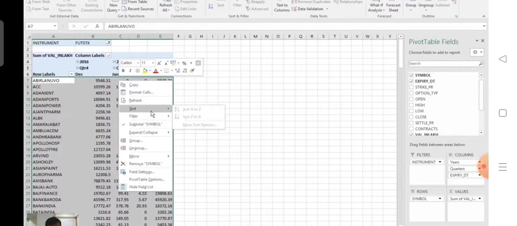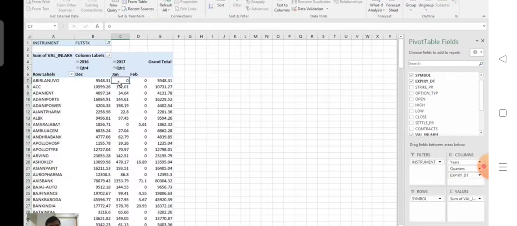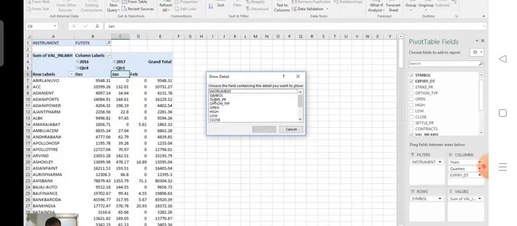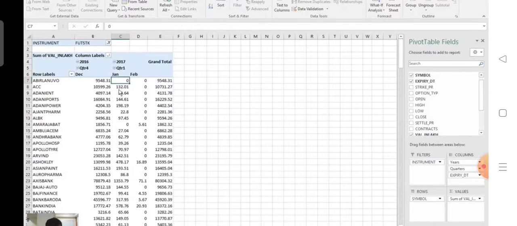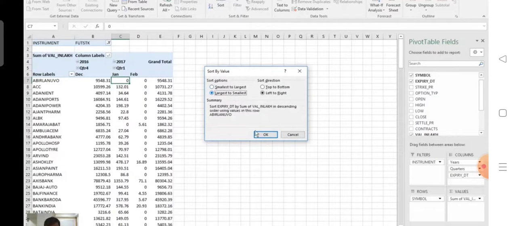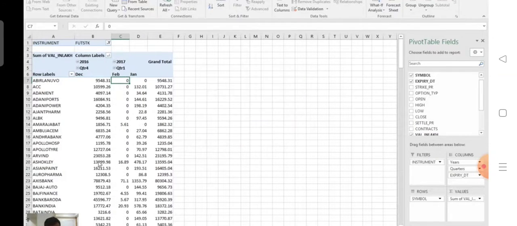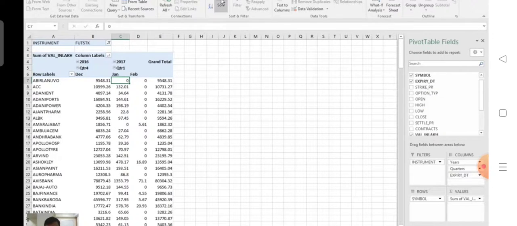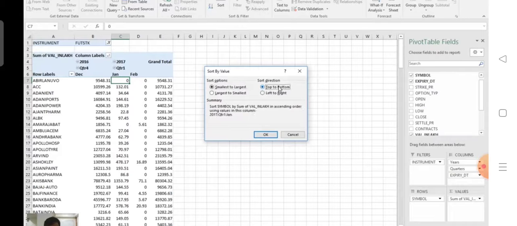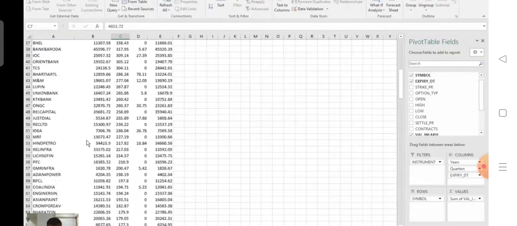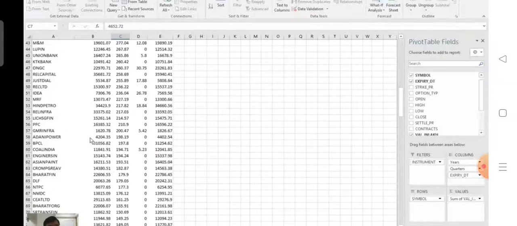Anyways, so you can actually sort this on the basis of this data point. Sort top to bottom, largest to smallest. My apology for that.